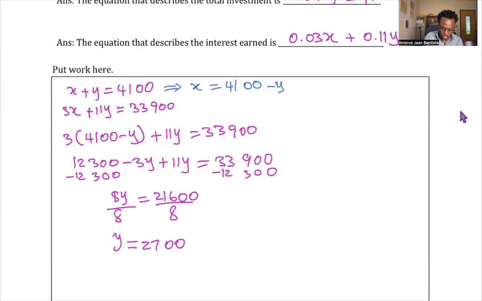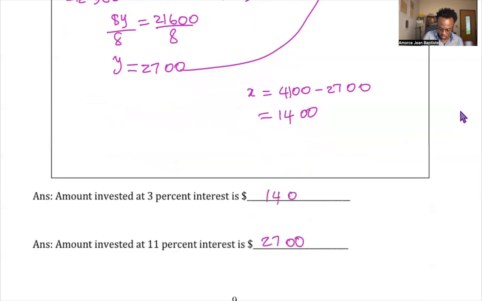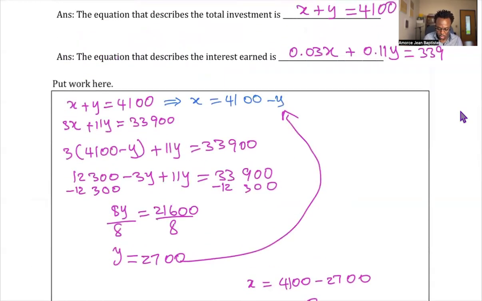And then from this equation here, I can replace Y to get X equals $4,100 minus $2,700. So that's $1,400. So that's how much was invested in each account based on the conditions described in this problem.